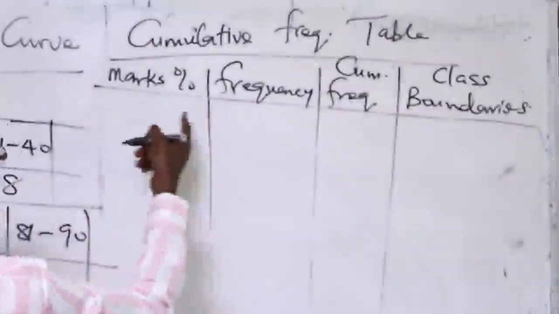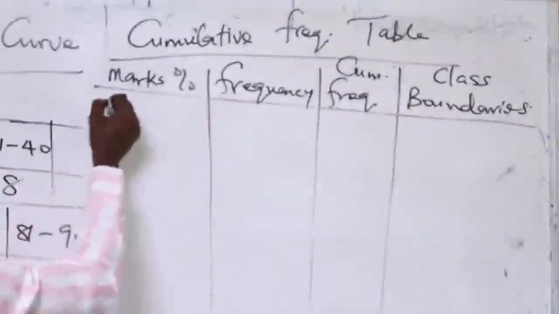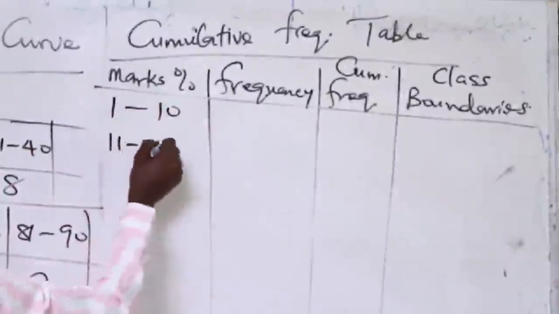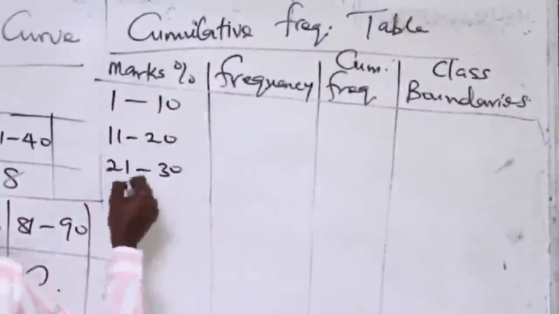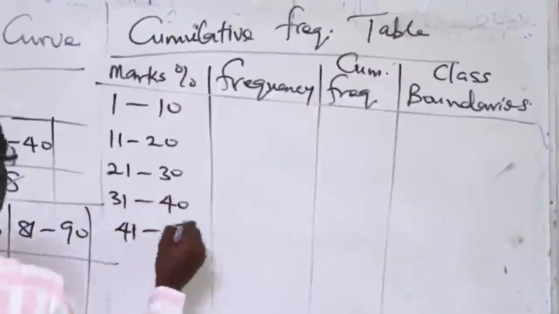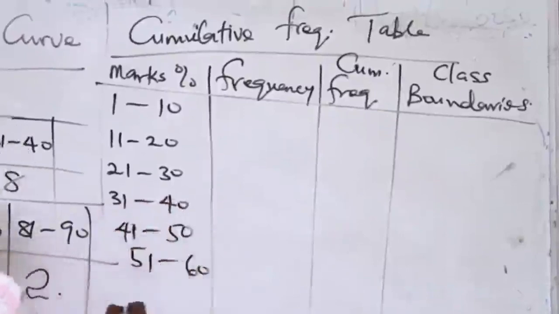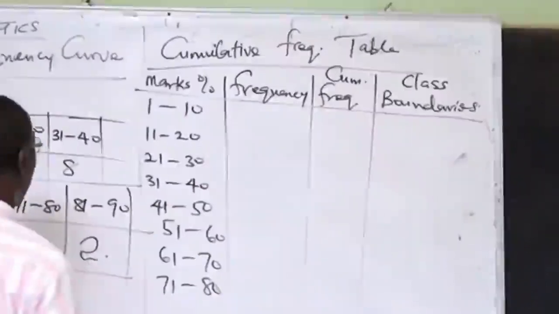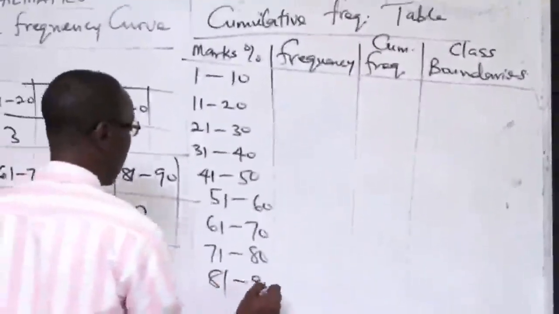For the class interval, you repeat what is given to you: 1 to 10, 11 to 20, 21 to 30, 31 to 40, 41 to 50, 51 to 60, 61 to 70, 71 to 80, and 81 to 90.